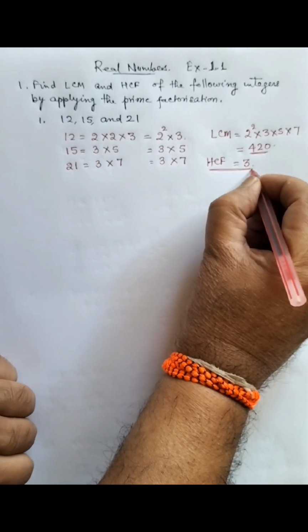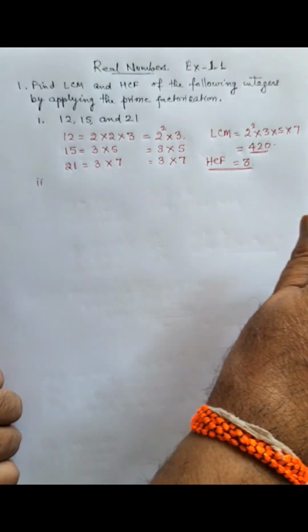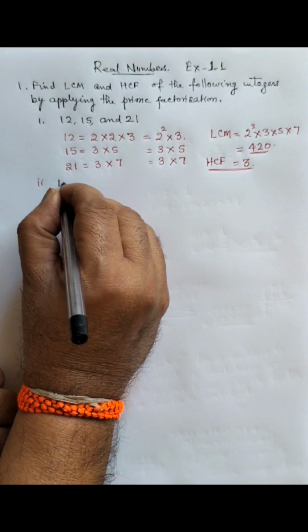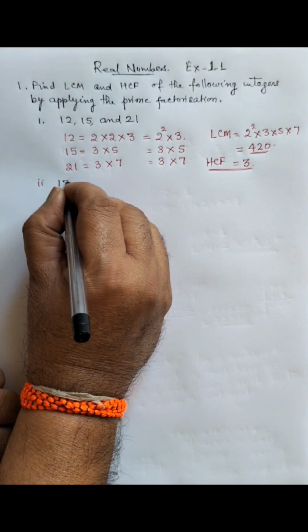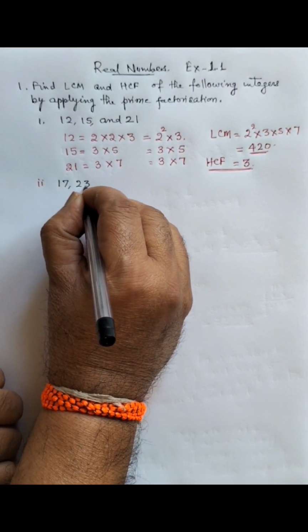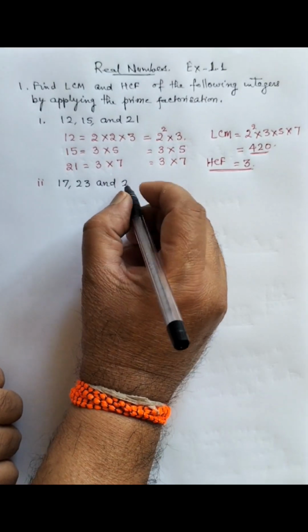Let me take another question of the same type, where it's asking to find out the LCM and HCF of 17, 23 and 29.